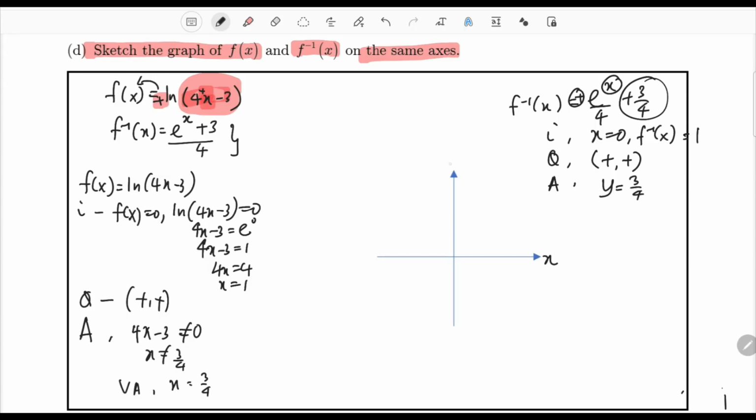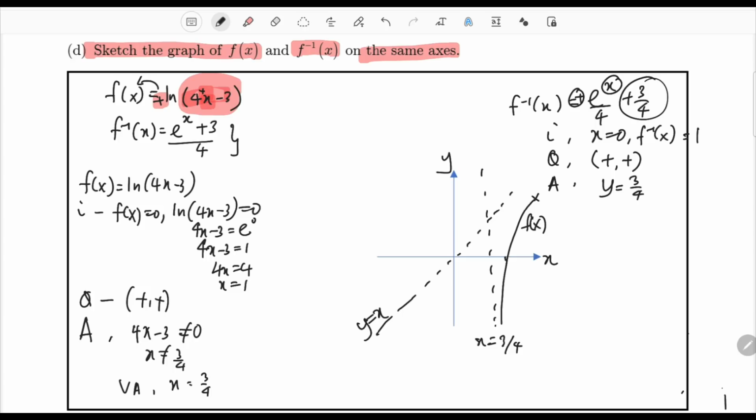So, this is your x-axis, y-axis, and the line of y equal to x. So let's sketch your f x first. So we have the vertical asymptote to be here, x equal to 3 over 4. So the intercept will be 1. So it will be positive, positive. So the graph will be something like this. So this is your f x.